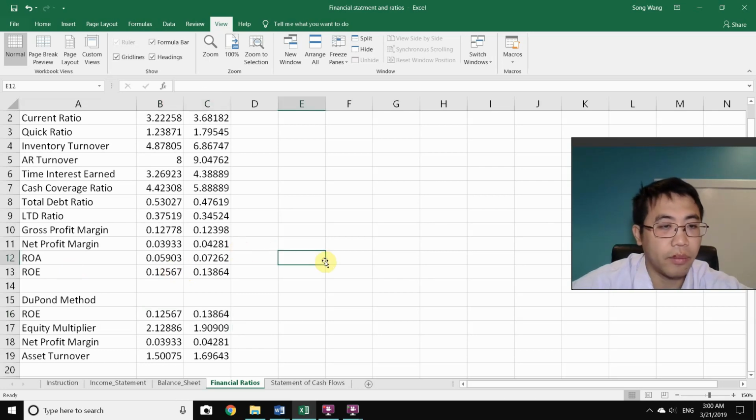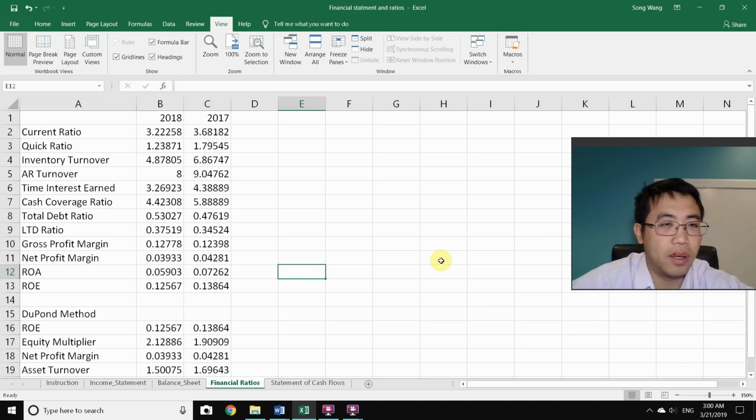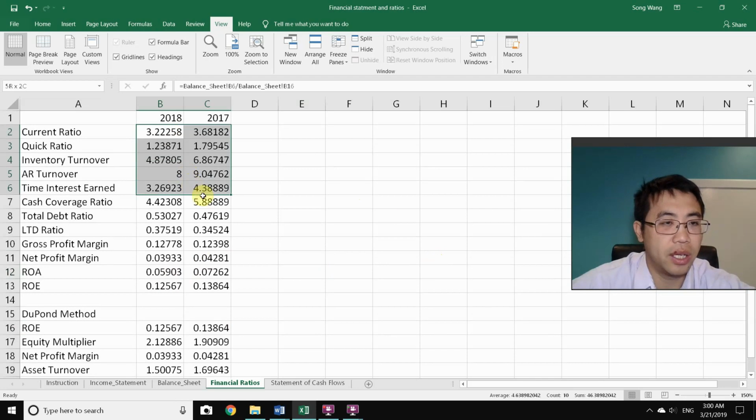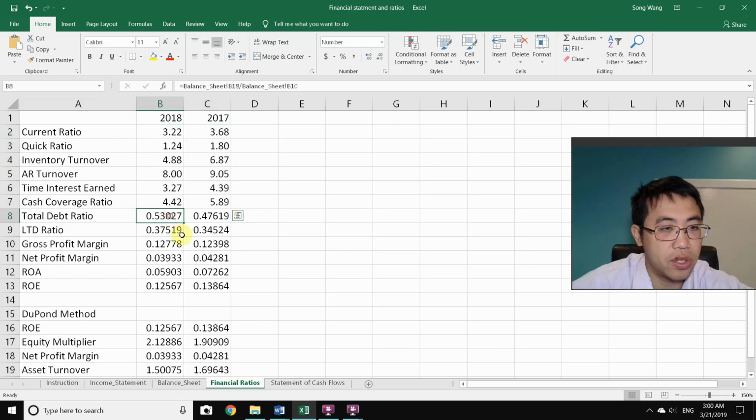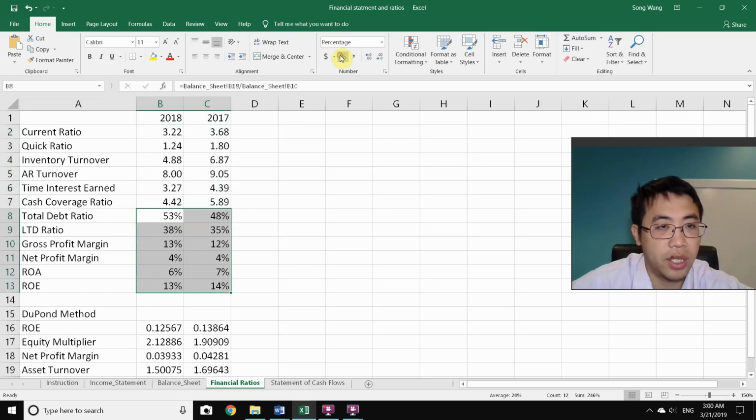statements. All right. So now I really don't like the format of the numbers, so I can basically reduce the decimals. Let's say for these numbers, decrease decimal. Make it look a little bit short and crisp and nicer. And for these margins, I want them to be in percentage.